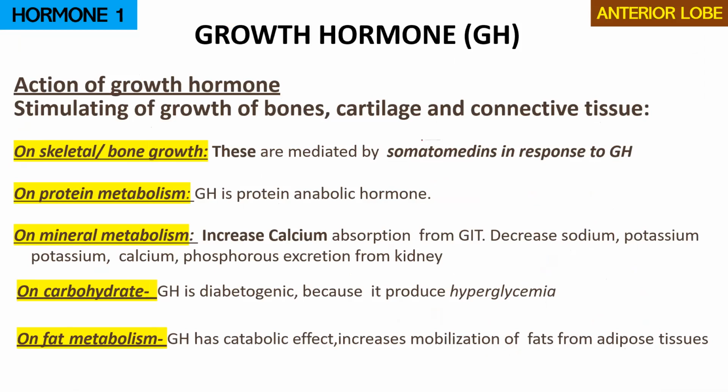And on protein metabolism, they result in increased calcium absorption, and so there is increased mineral metabolism, and these can impact carbohydrate and fat metabolism. So this growth hormone can affect protein, mineral, carbohydrate, or fat metabolism. All of these different things can impact the growth. It's not just human, it's valid for most of the mammals too.